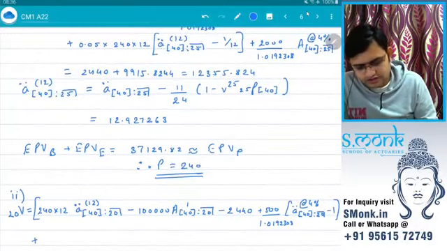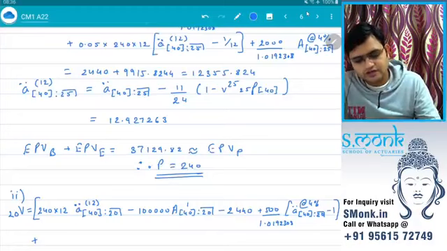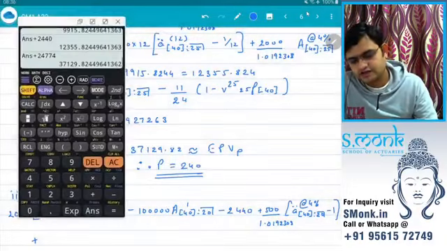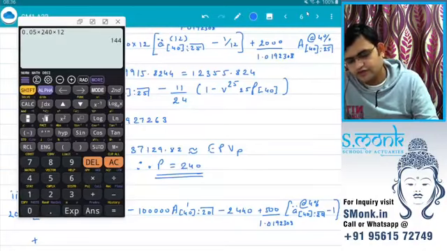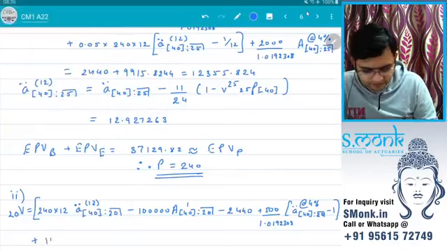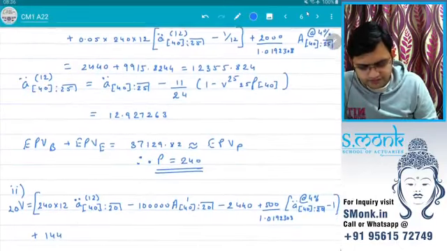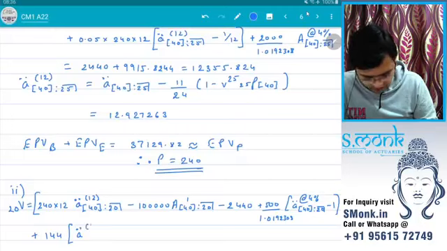The next expense is 0.05 into 240 into 12, 144. So 144 A due payable 12 times, select 40 going only for 20 years, minus 1 by 12.